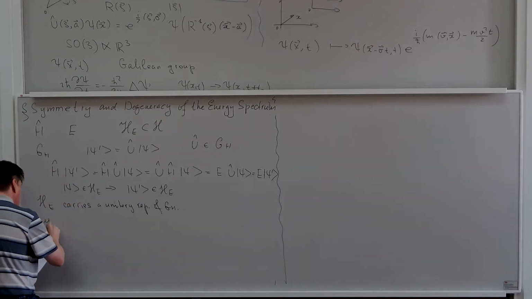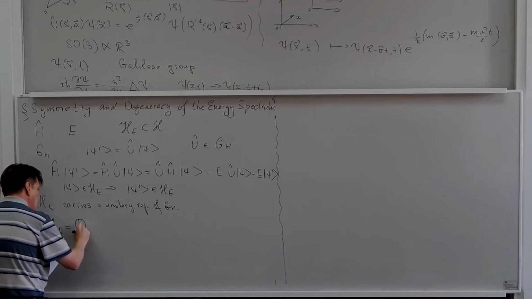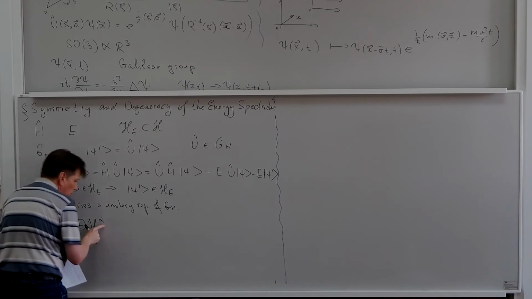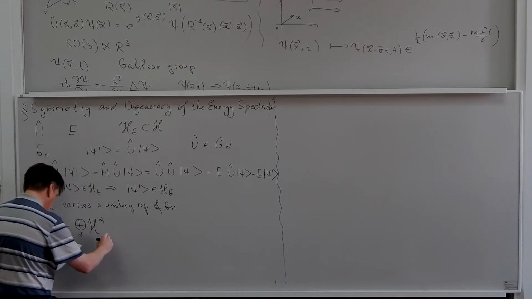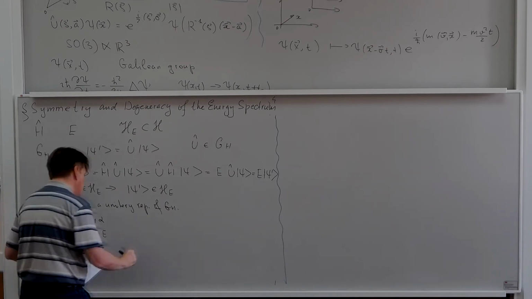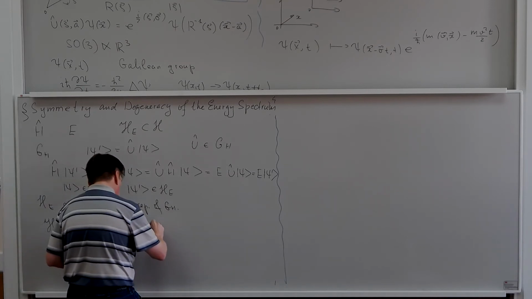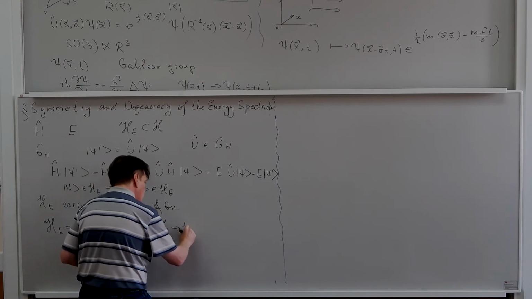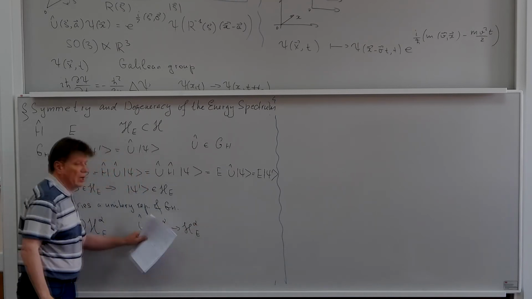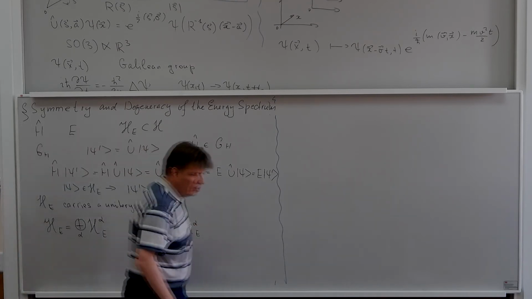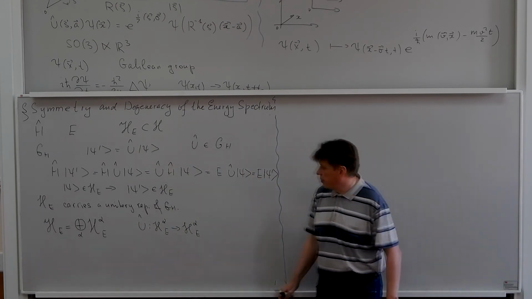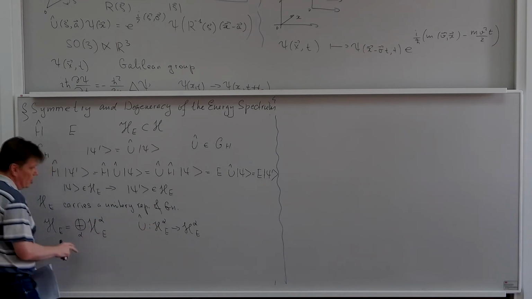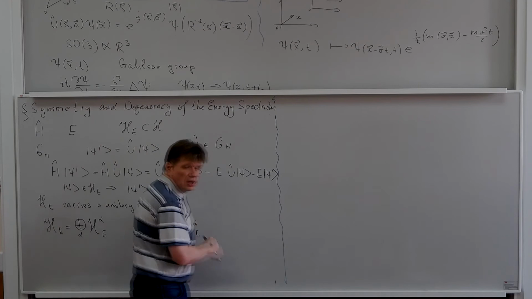So we can always decompose the eigenspace into the direct sum of invariant subspaces, which I will label by alpha, so that U maps each H_alpha to H_alpha. So each H_alpha^E is an invariant subspace, that is the space of an irreducible representation of the symmetry group G_H.